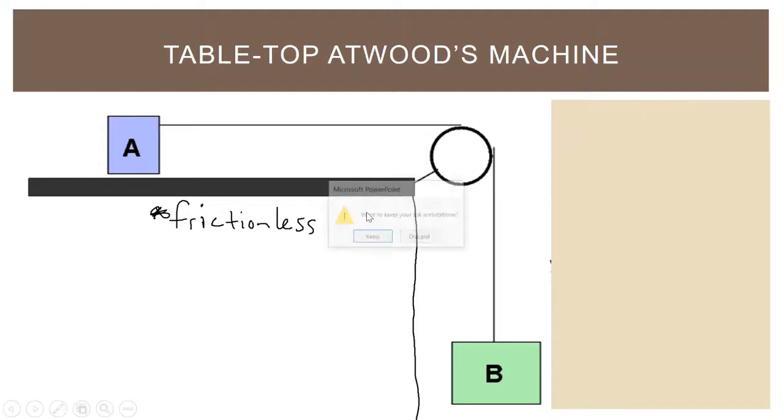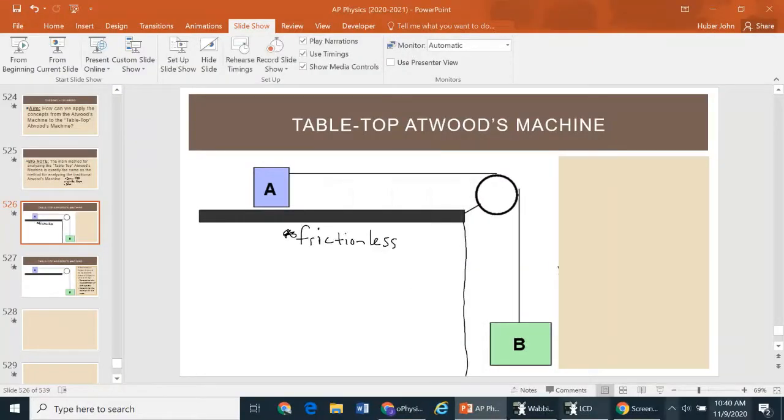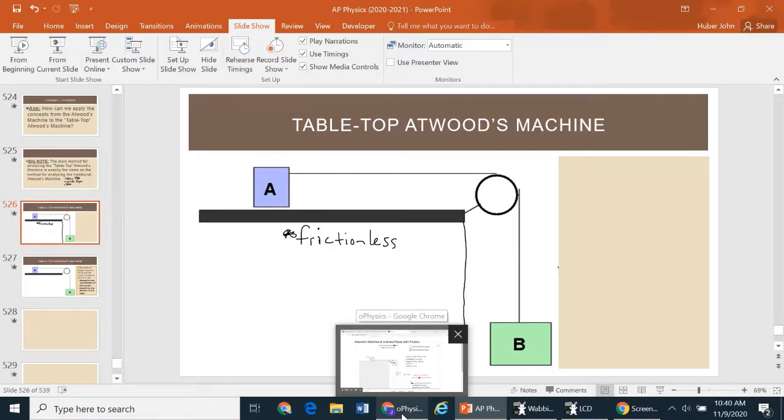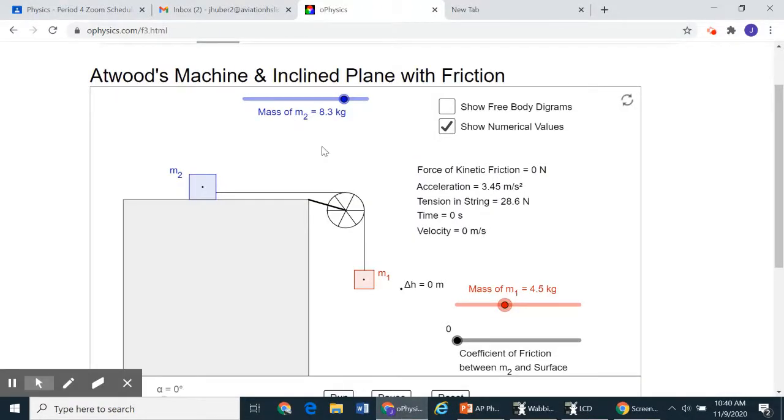But because we haven't discussed friction yet, we're going to do this for a frictionless situation. And so notice there's a slider here in this simulation for the coefficient of friction, and we're going to say that that is 0 for now.